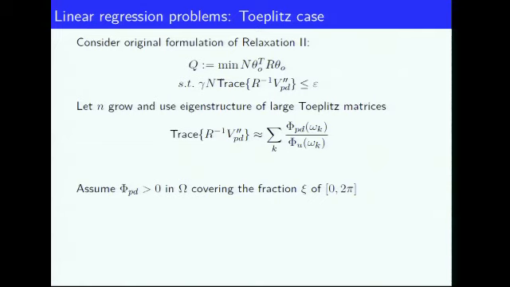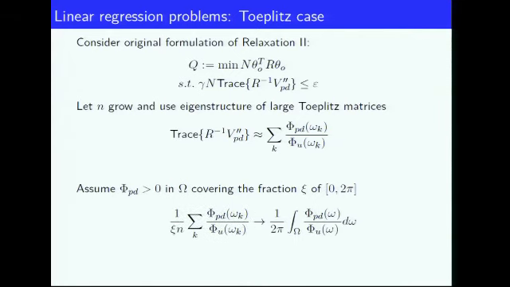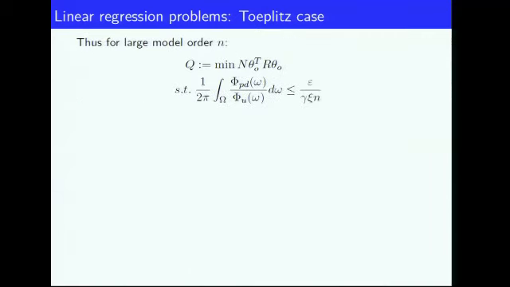And if I now assume that this function is positive in a certain set omega, which covers a fraction psi of the total frequency axis, which is from 0 to 2 pi, then if I normalize with 1 over n and let the number of parameters grow, this will converge to this integral. So if I collect pieces, I can replace this constraint by this constraint. And this is the problem we would like to solve now.